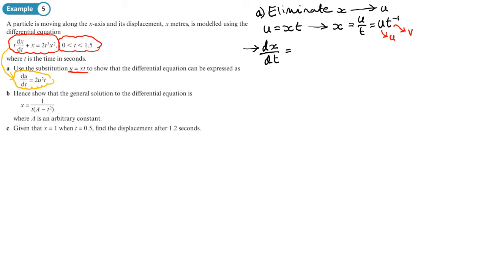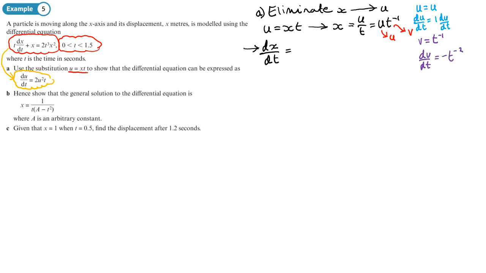So if u equals u, then du dt, so remember we're differentiating this with respect to t, will become, well, you differentiate the u as if it was a t, so it becomes 1, but then we write du dt to show that we've differentiated that u with respect to t. Then the v part, well, v is t to the minus 1, so dv dt, or v dash, is going to be negative t to the minus 2.